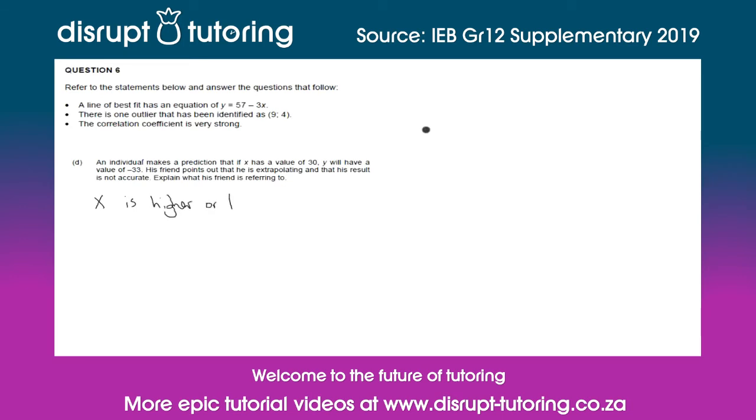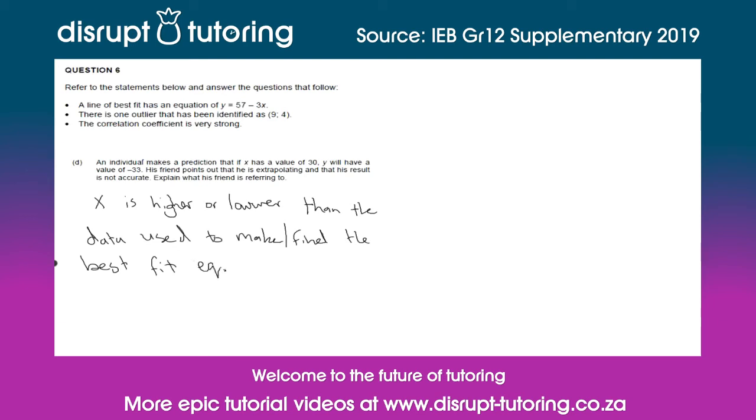So x being extrapolated means that x is higher or lower than the data used to find the best fit equation.